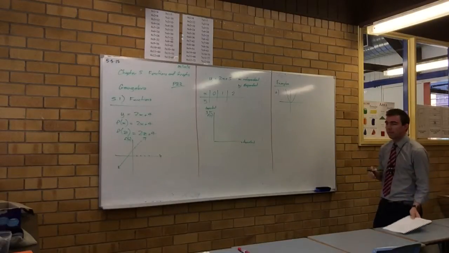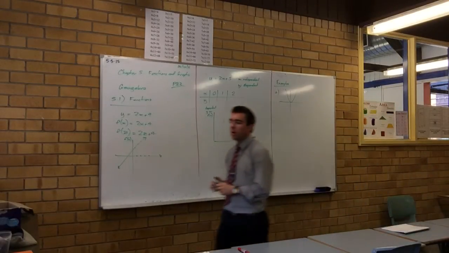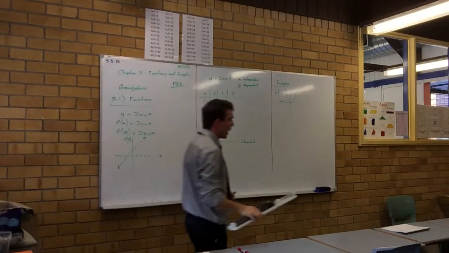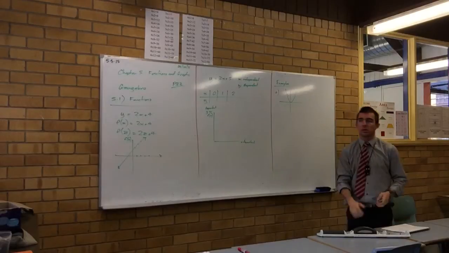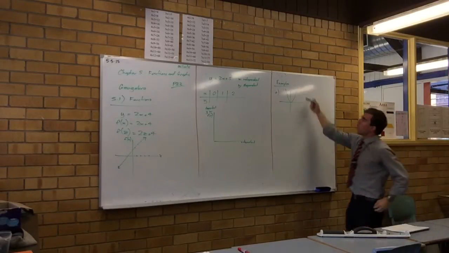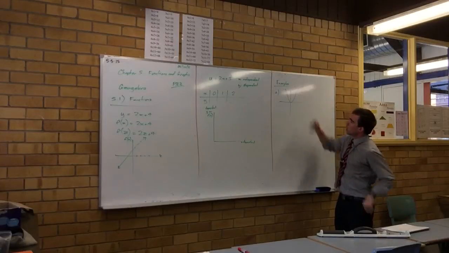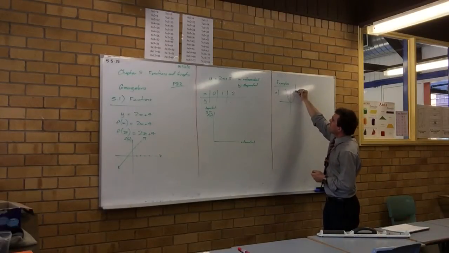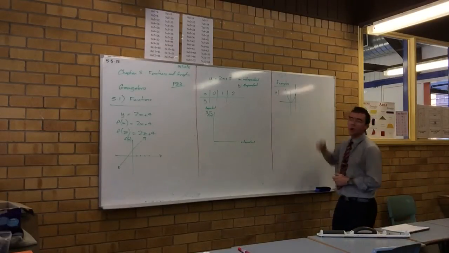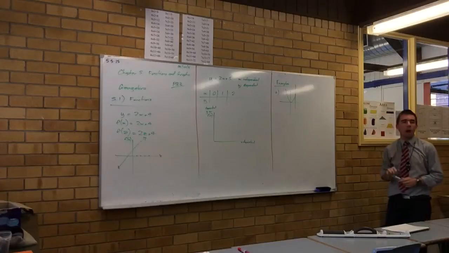Okay, so if on that parabola I can draw a vertical line anywhere and it only cuts the graph once. I'm just going to insert some vertical line. So let's put one here. This vertical line only cuts the graph at one point.